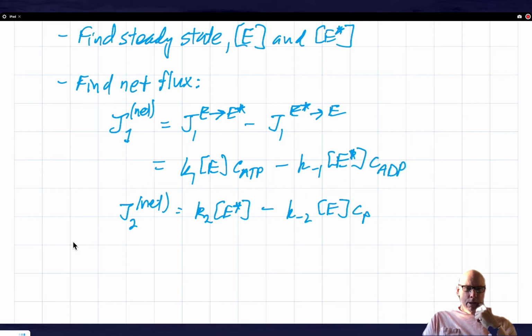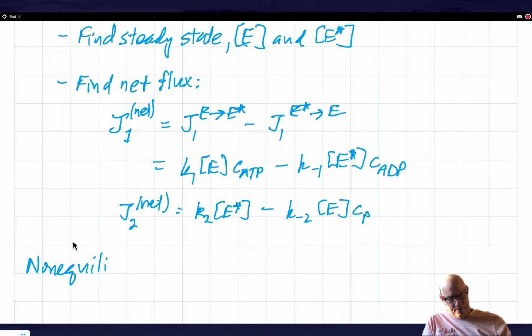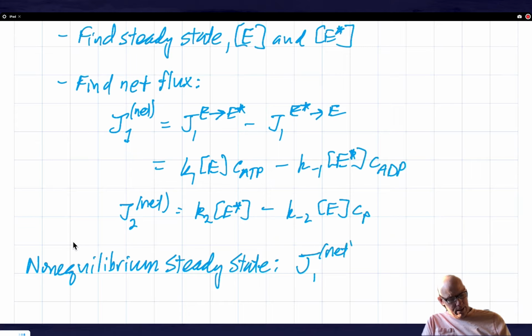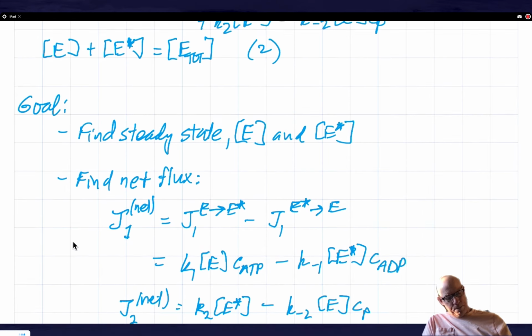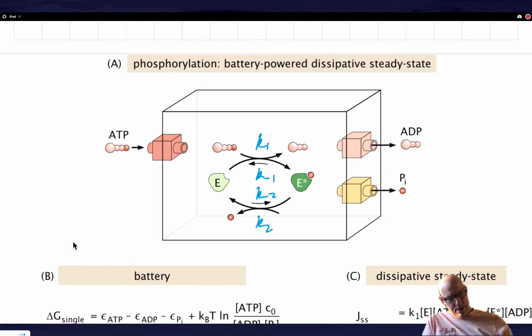So those are my fluxes, and because this system is in a so-called non-equilibrium steady state, I have that J1 net is equal to J2 net, and that corresponds to the observation that the flux along this path and the flux along this path are equal.